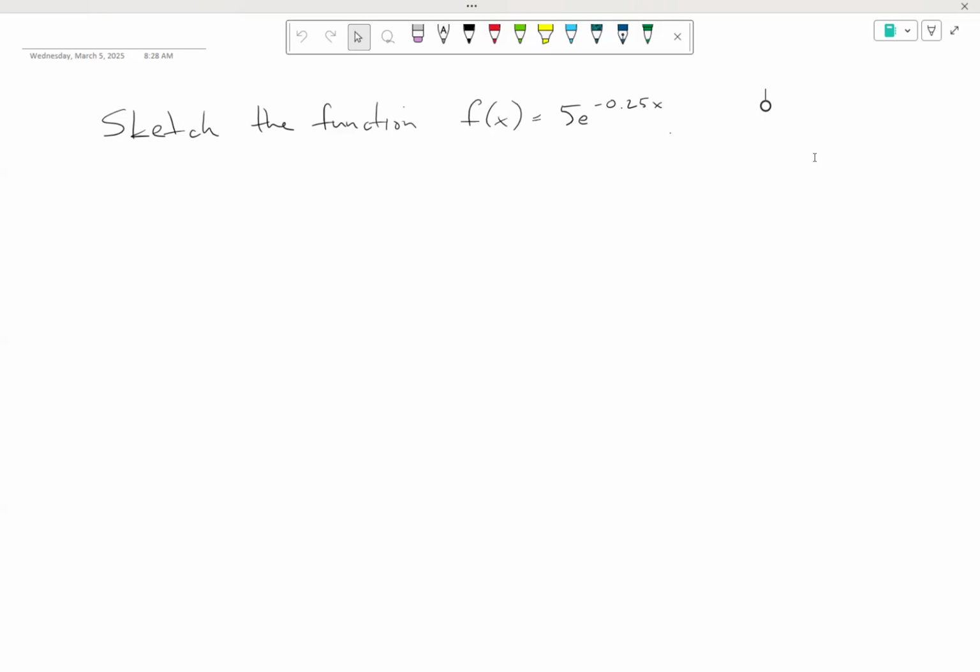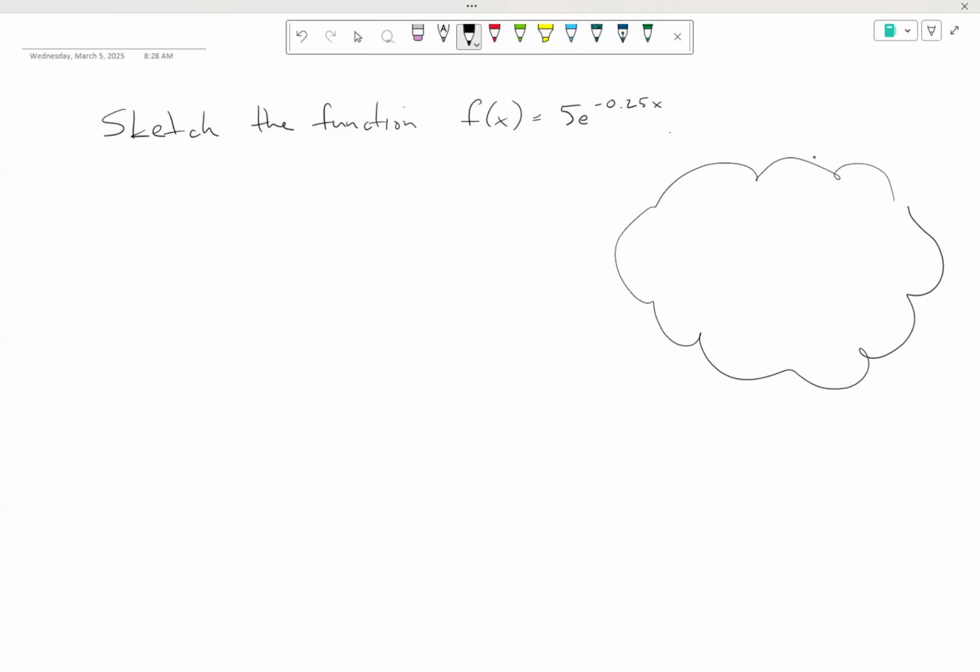The x are negative. That's it. Can we label our data points in terms of E? Absolutely. 1 over E is most exact.